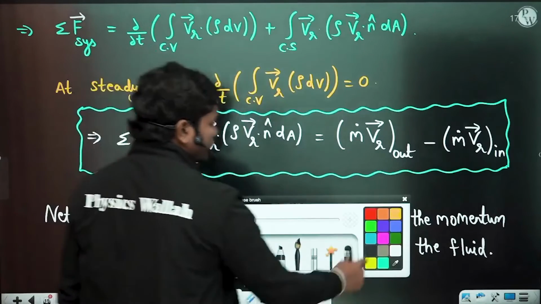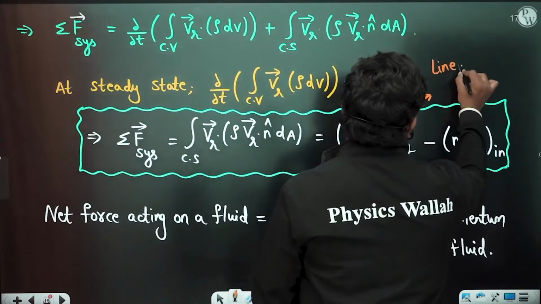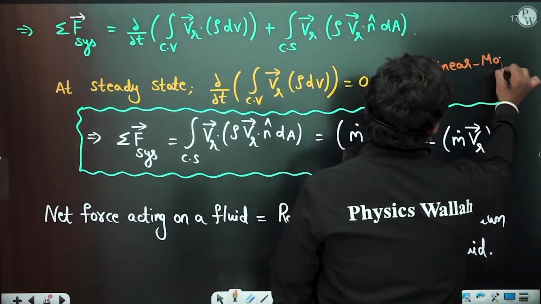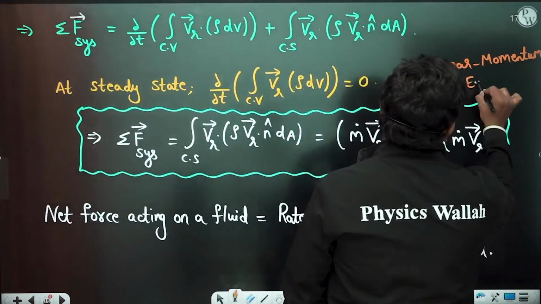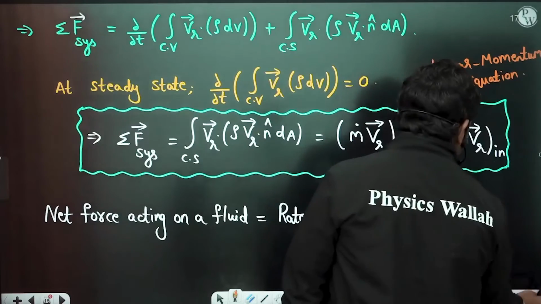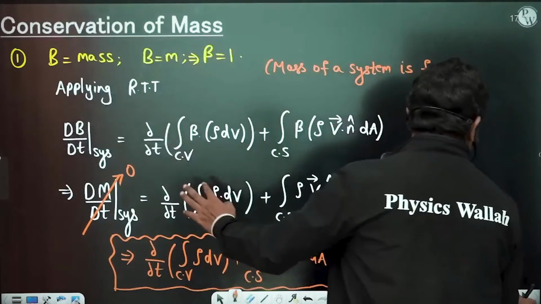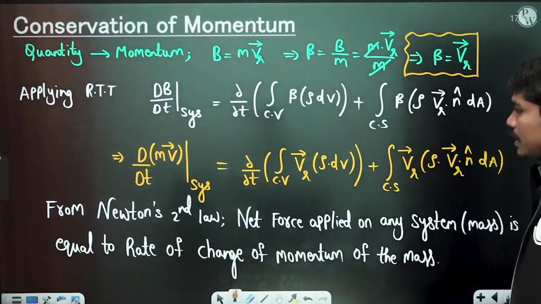So this is the linear momentum equation that actually comes out. You can write that this equation is the linear momentum equation. This equation we have seen from the Reynolds Transport Theorem.